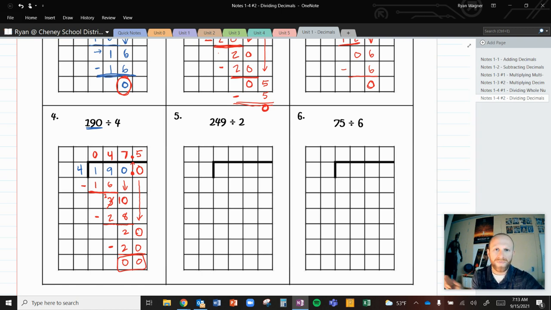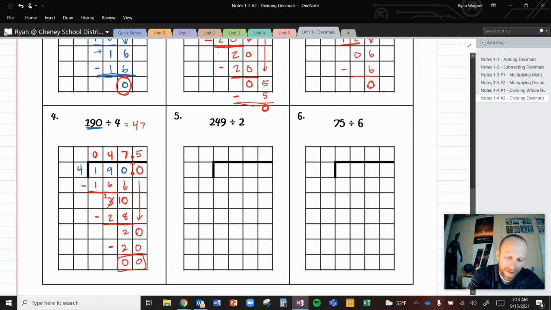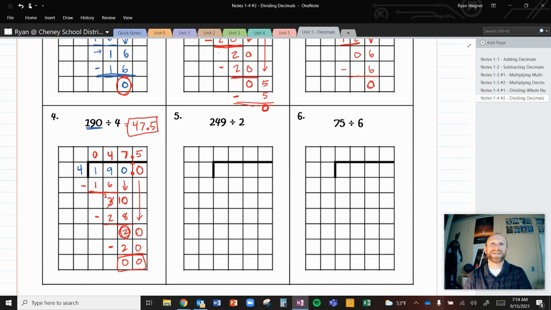We have our quotient. We have our answer. So our answer, because we're done, is 47.5. So again, if you don't get 0 like we did here, you have to add a decimal, bring it up into your answer, and then put in a placeholder, a 0.